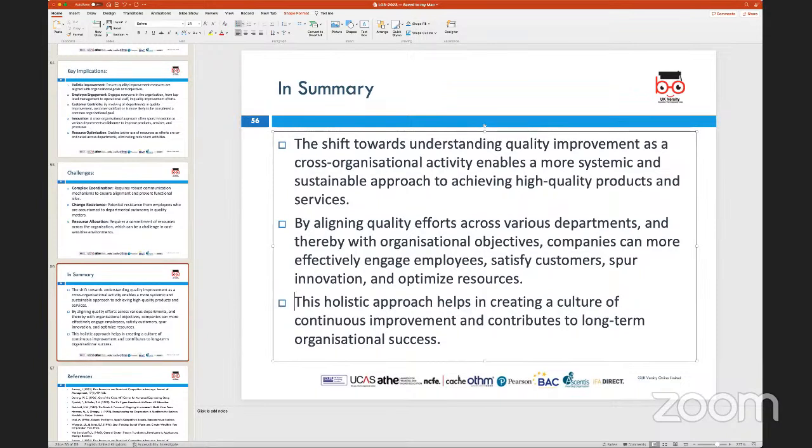We've understood the difference between quality assurance and quality control. We've looked at the work of Deming and Juran, which is quite important in the creation of the plan, do, check, act, PDCA cycle, and also the planning required for quality control and process control.